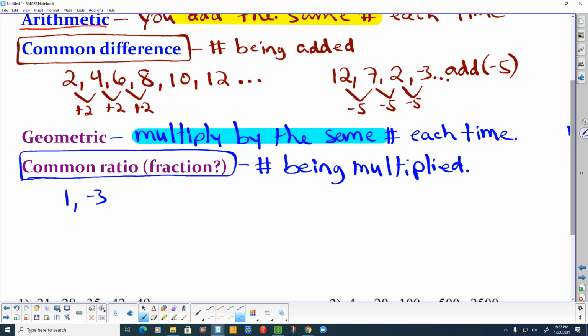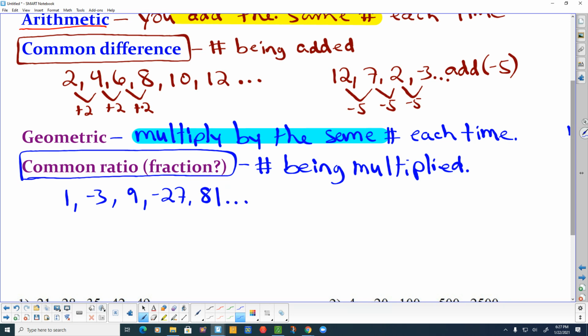Well, I told you it's geometric. What do you multiply by a 1 to get a -3? Well, I'm going to multiply by that same number again. I'm going to get a +9. I'm going to multiply by the same number again and get -27. I'm going to multiply again and get a +81. And the sequence goes on forever.